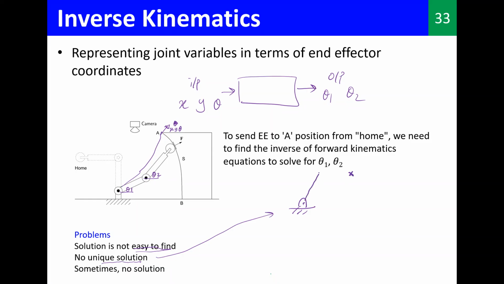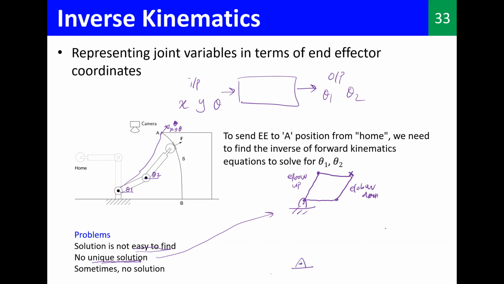So this is one solution, right? And this can be another solution. This we call the elbow up solution, and this is the elbow down solution. So there can be many solutions as well. That is what it means by no unique solution, right? And sometimes there might be no solution at all.